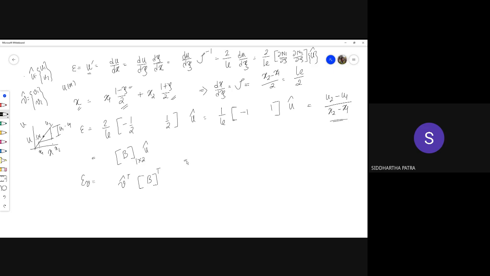Now we can write the variational statement that we had written earlier for the entire bar 0 to L. So this epsilon V here is basically V prime.